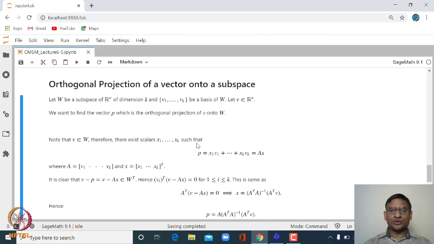So A transpose A is a k cross k matrix, and one can show that the rank of A transpose A is the same as the rank of A, which is k. Hence it will be invertible.